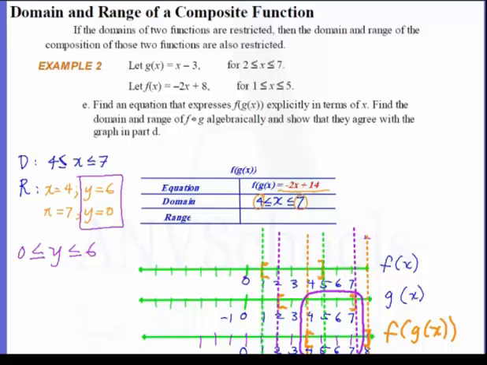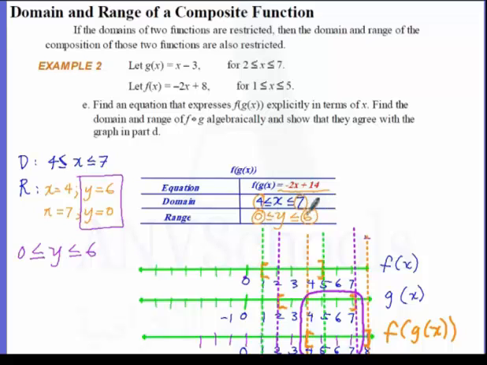Therefore, our values for the range could be written as y in between 0 and 6. This is our range restriction. Okay, so that is our range restriction from 0 to 6.